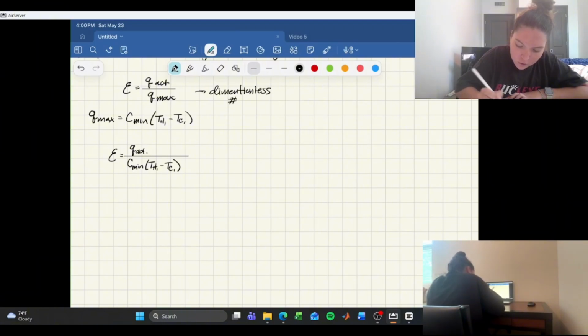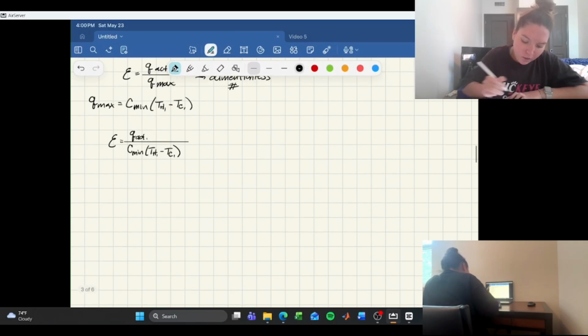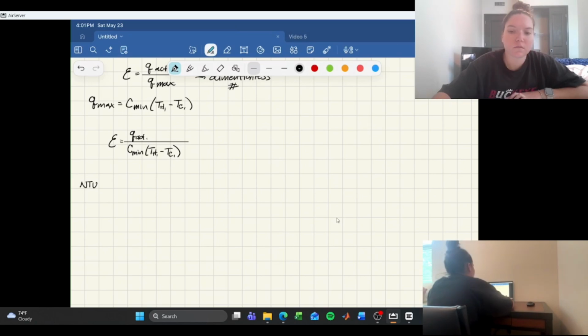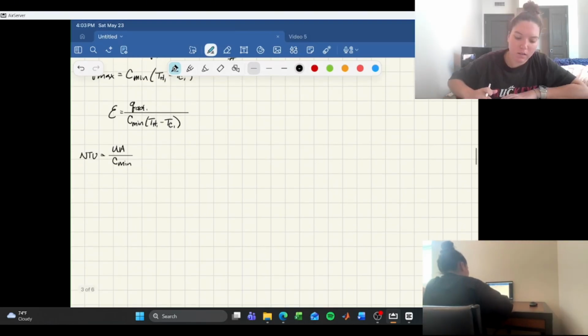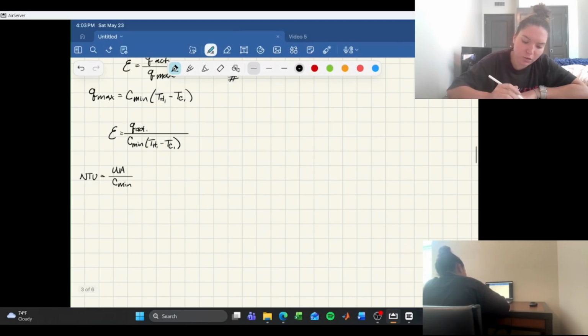Or rather, dimensionless number. So we need NTU, which is the net transfer unit. So this is going to be equal to the universal heat transfer coefficient times the area over the minimum flow capacity.